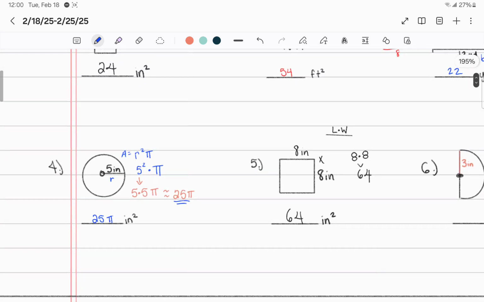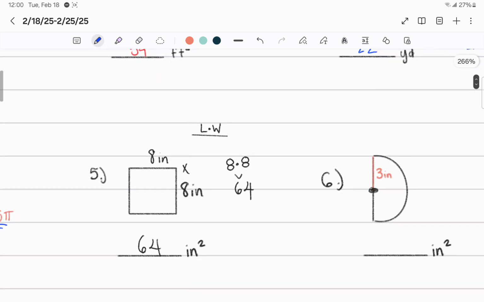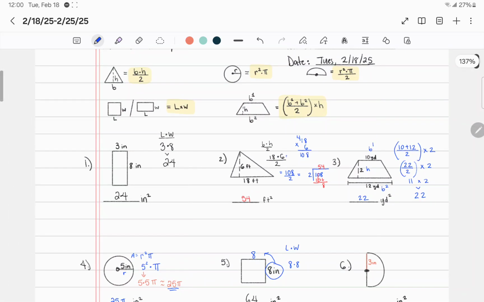We already did number 5, but just to go over it in case you didn't catch it earlier, number 5 looks like this. Since it's a square, whatever number is here, we want to bring it over and then just multiply it. Why? Because we're doing length times width, like it shows right here.